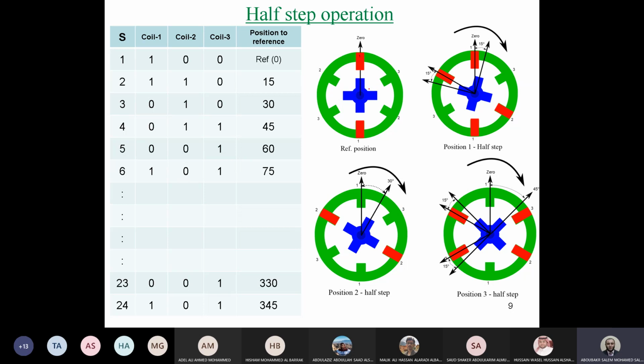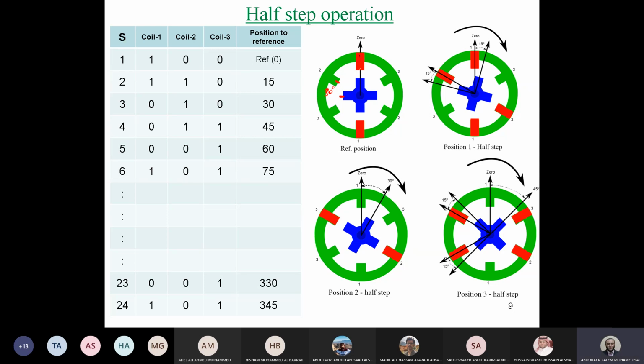Now if you energize coil number 2, as you can see, the shift or the angle between this tooth and that tooth is 30 degrees. And here the angle is 0 between coil or tooth number 1 in stator and this tooth in rotor. If you now energize coil number 2, coil number 2 will need to move the flux lines in the core and will try to shorten the distance. And the same is also for coil number 1.